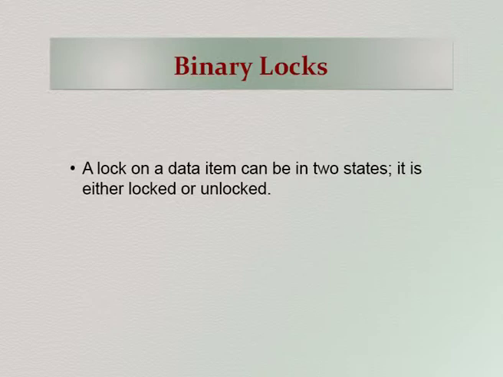A lock on a data item can be in one of two states: it is either locked or unlocked. So, at the data item level, these locks are being maintained, either it is locked or else it is unlocked. Depending upon the status of the data item, the access happens, whether it can be read or whether it can be written.